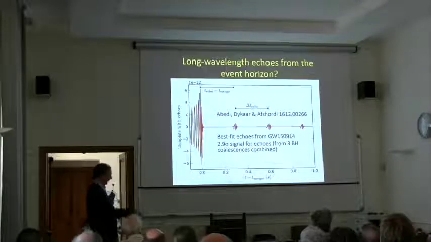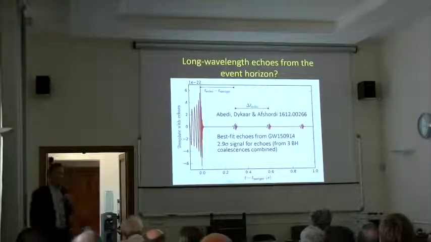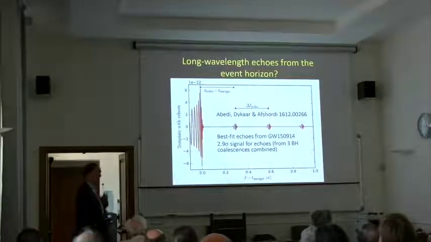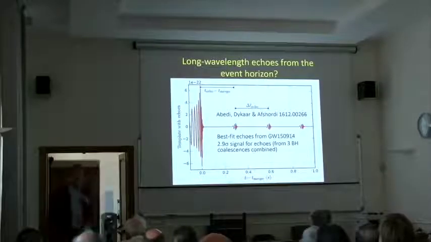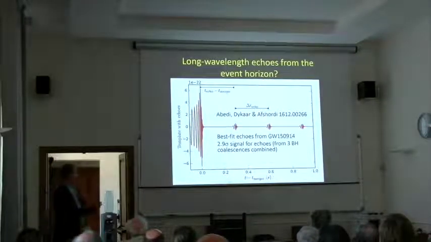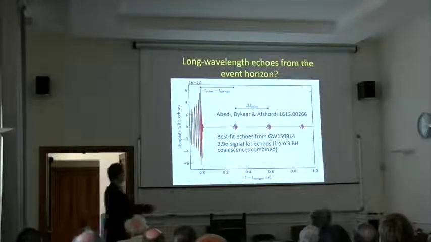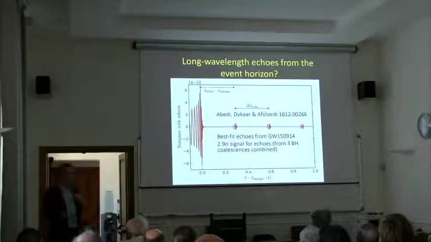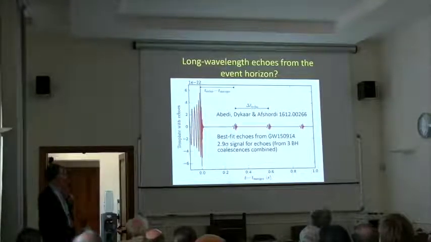So in a recent paper, Abedi, Dykaar, and Afshordi did a rather bold thing. They analyzed the full gravitational wave signal from LIGO, from three black hole mergers, and here they show a fit to the strongest gravitational wave source that we've seen so far, which was the original binary black hole collision from September of 2015.